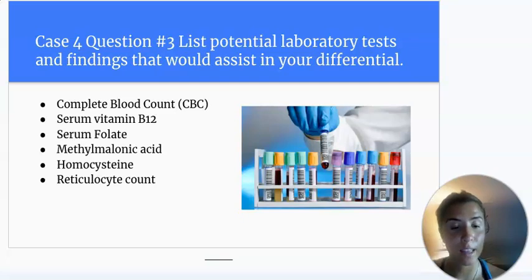Serum folate levels can help distinguish between folate and a B12 deficiency. Methylmalonic acid and homocysteine levels will be elevated, and erythrocyte count will typically be low. Overall, there are many tests that can help confirm a B12 deficiency diagnosis and rule out other causes that may cause megaloblastic anemia.